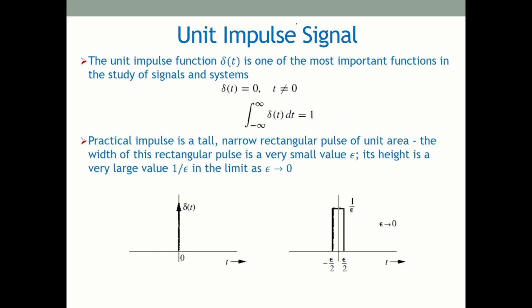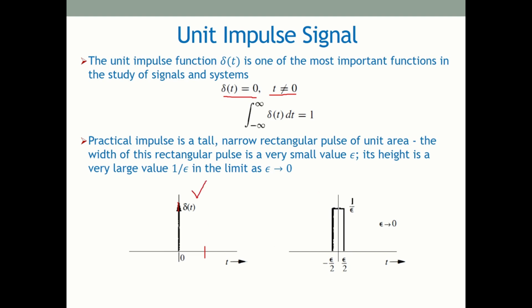Then we have the unit impulse signal. A unit impulse has an infinite impulse at time t equal to 0. It can be at any other time as well. So delta t is 0 at any time apart from 0.